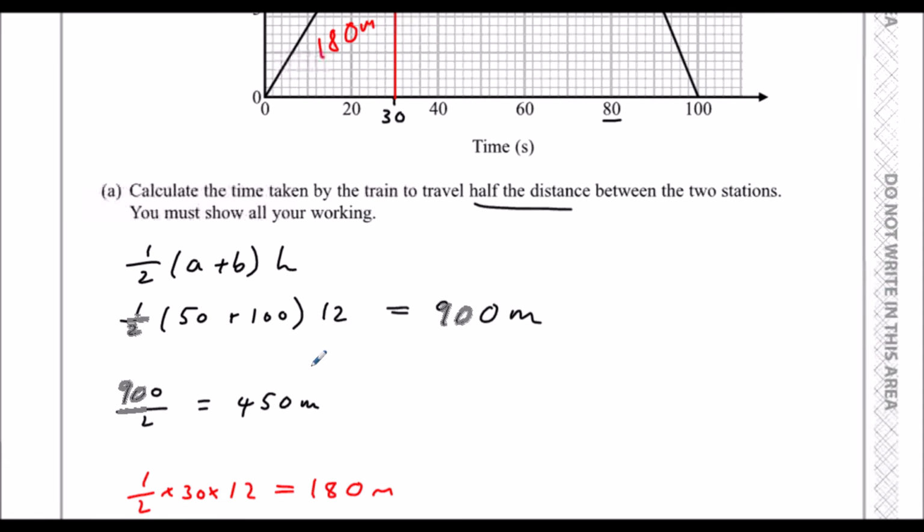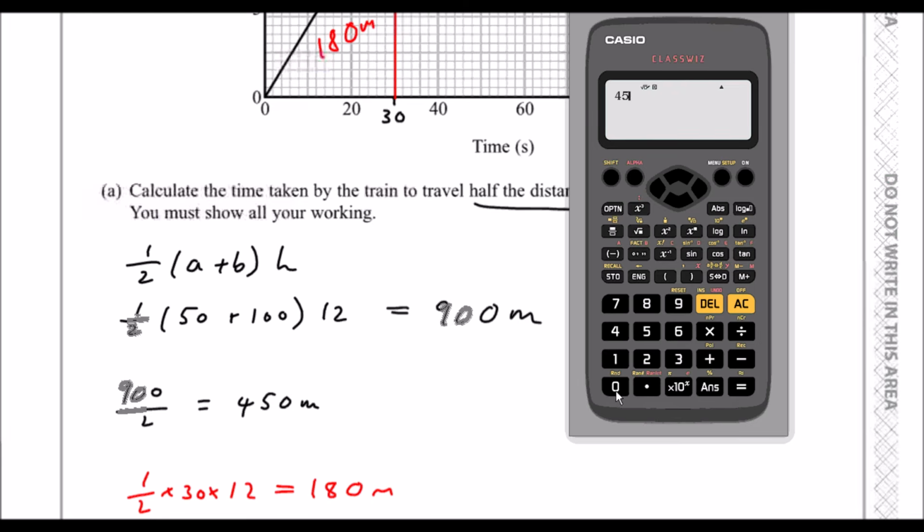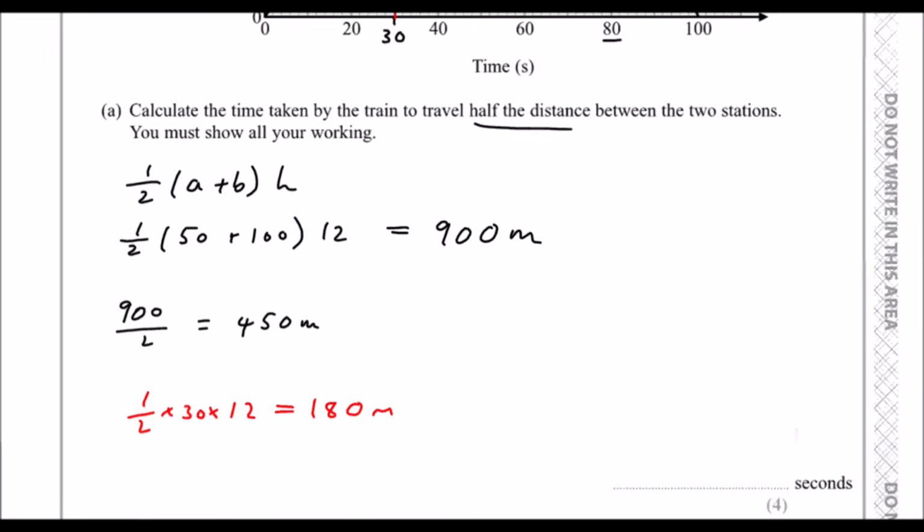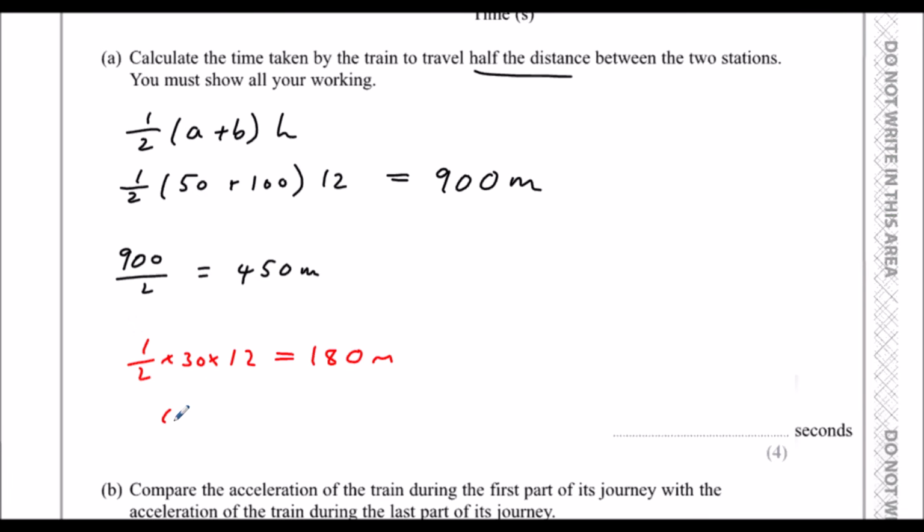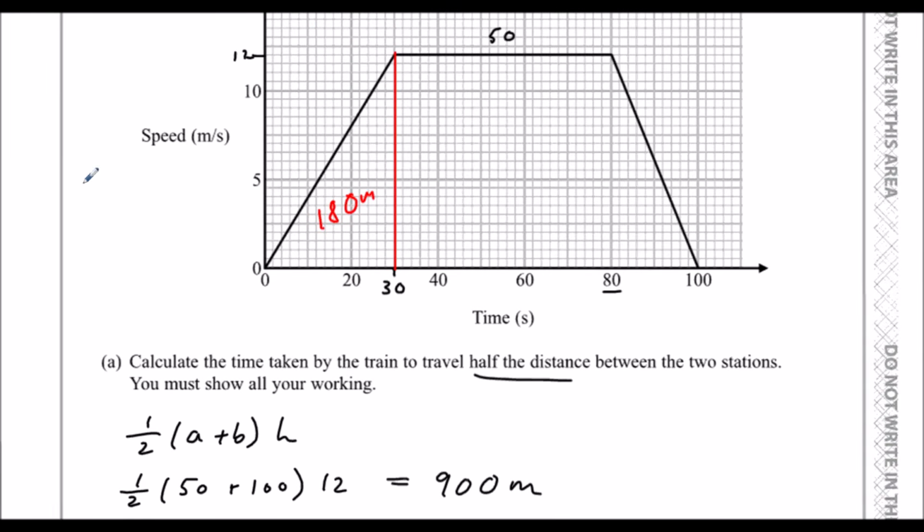How much further do we need to go to get to 450? 450 take away 180 is 270. So we're looking for an area of 270 meters here.